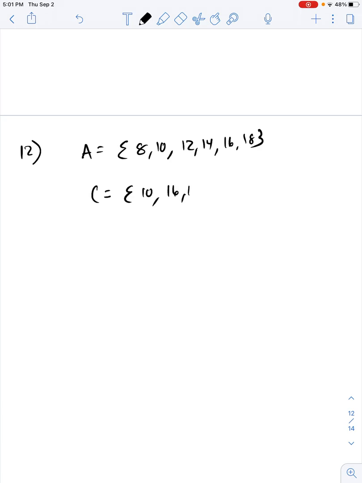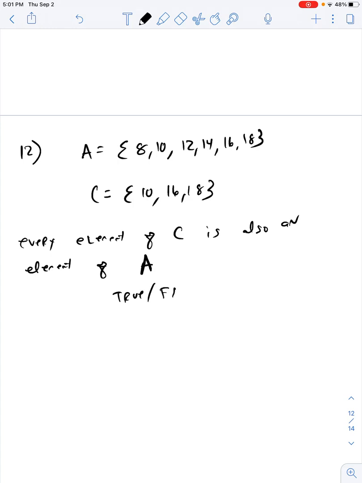Okay. Number 12, right, gives us this set A with these specific numbers. Gives us set C with these specific numbers. Question here is every element of C is also an element of A. Right, and is this true or false?